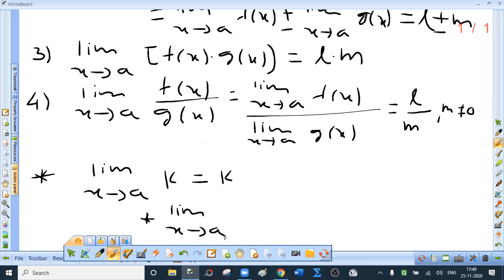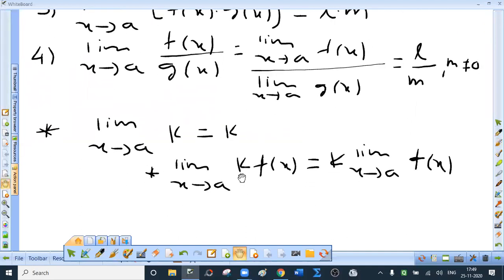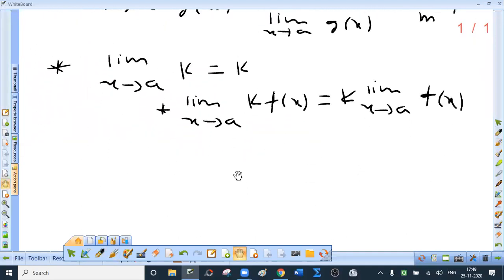Limit x tends to a k f x. See, the theorem is the same, that limit of product is product of limits. But what is limit of k? It is k only, constant. So k into limit x tends to a f of x. Okay. So limit of constant into function is that constant into limit of function.